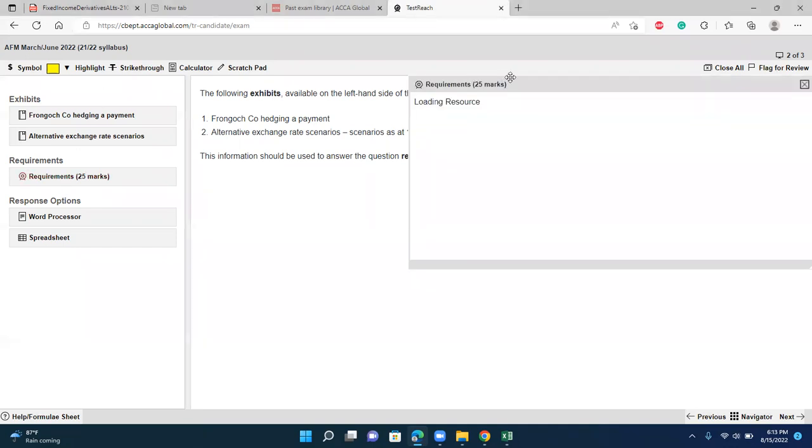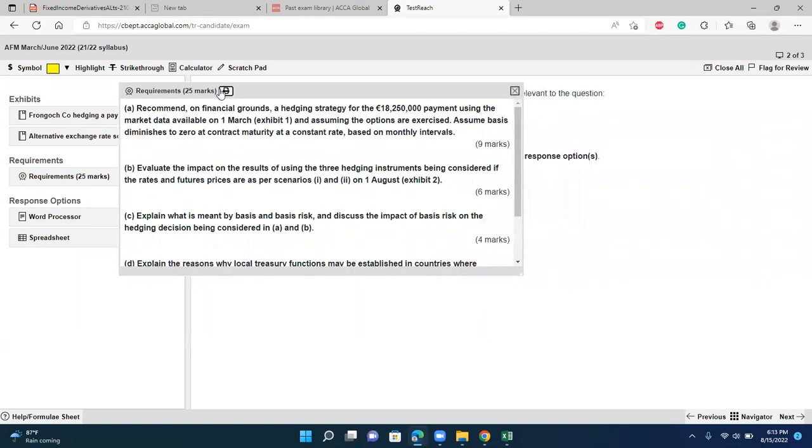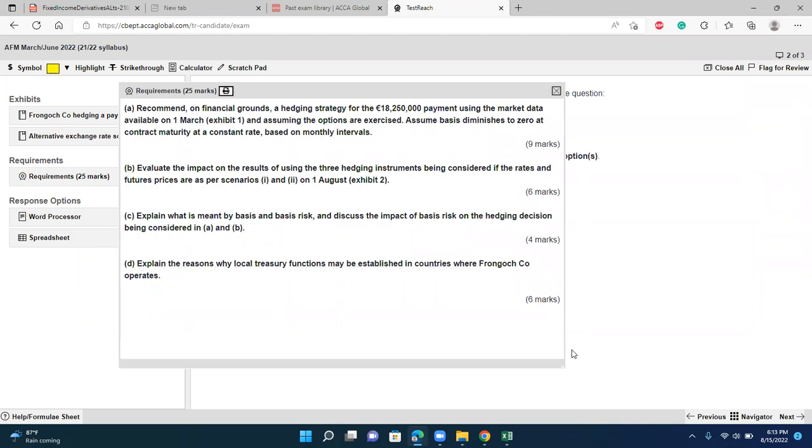Okay, let's move to the requirement, guys. First, A requirement: recommend on financial grounds a hedging strategy for the 18.25 million euro payment using the market data available on 1st March, and assuming the options are exercised, assume basis diminishes to 0 at current contract maturity at a constant rate based on monthly interval.